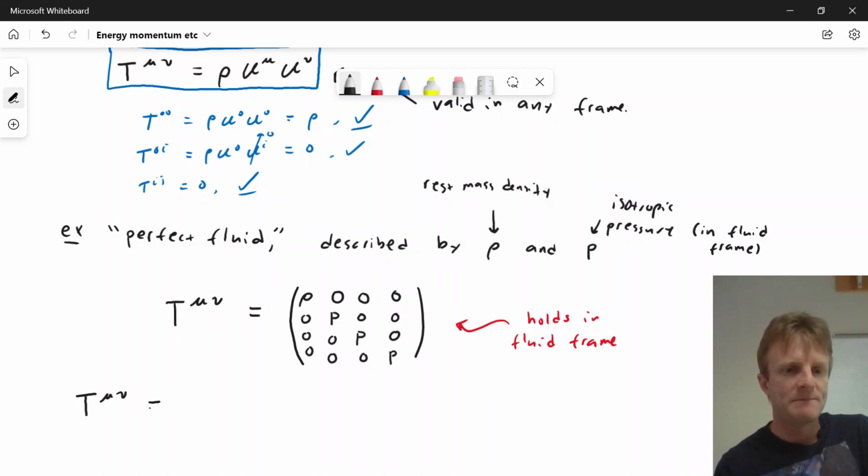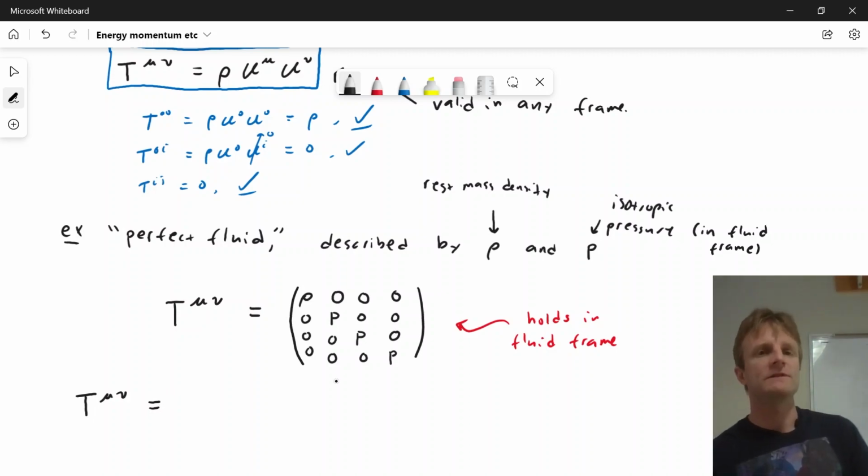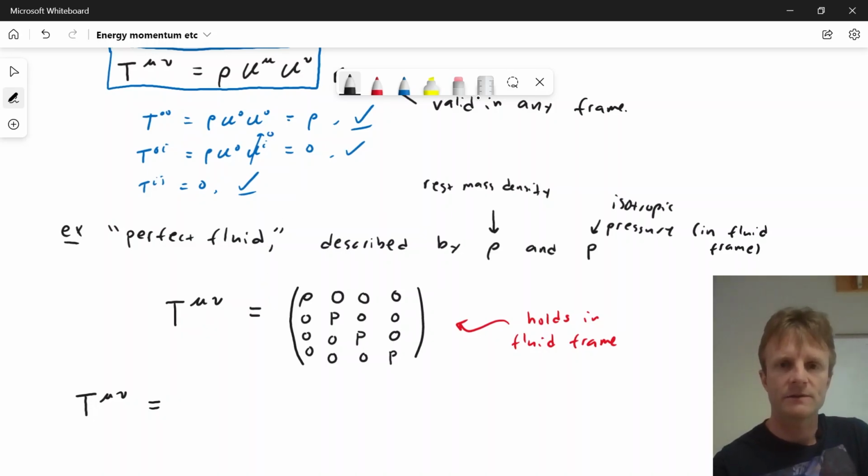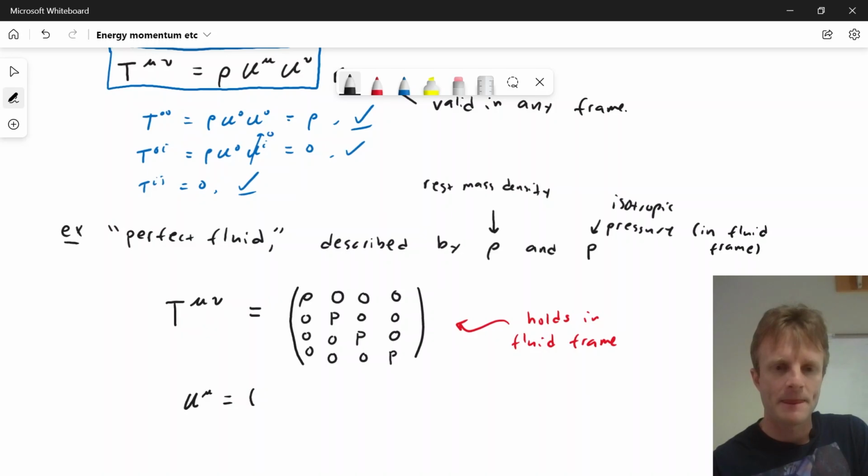So if we want to build a good tensor equation out of the ingredients. Oh, I also need, let me write the fluid 4-velocity again, just so we have it on the screen. So it's the same thing. The special frame is the one where the fluid 4-velocity is just 1, 0, 0, 0.